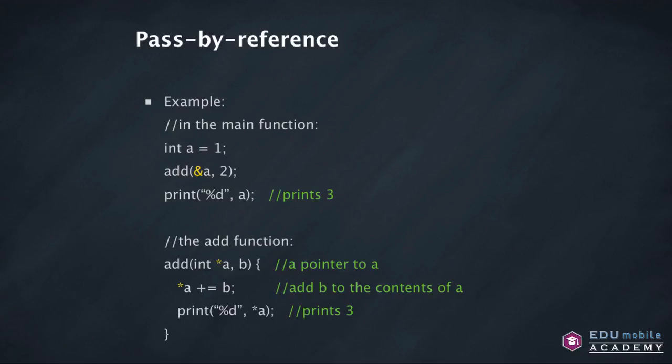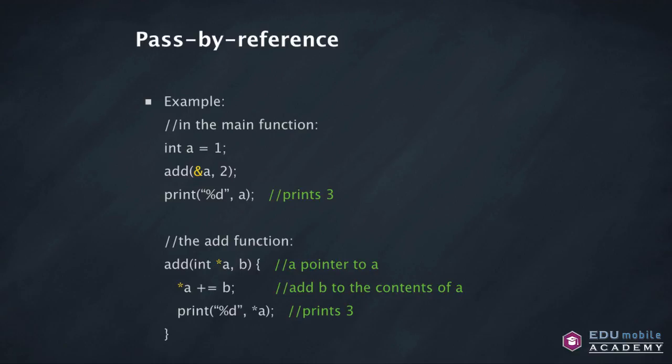So here's an example. Again, it's the same example we had before. In the main function we have a equals 1. Now let's look at the add function here. What are we doing here? We are passing pointers to a and b. So if we say the contents of a plus equal b, that means that when we come into the function, a is going to be 3, and outside, when we print it back in the main function, a is also going to be 3.